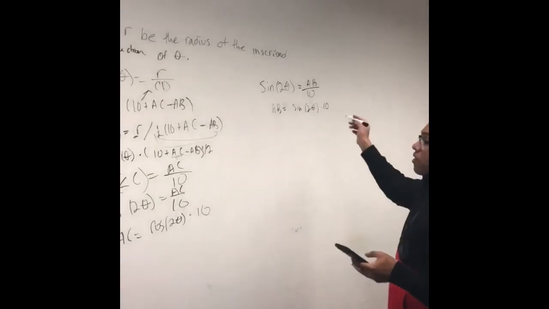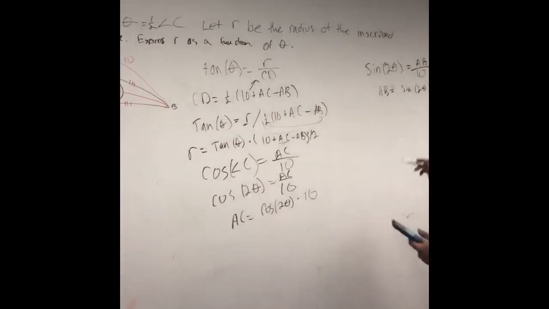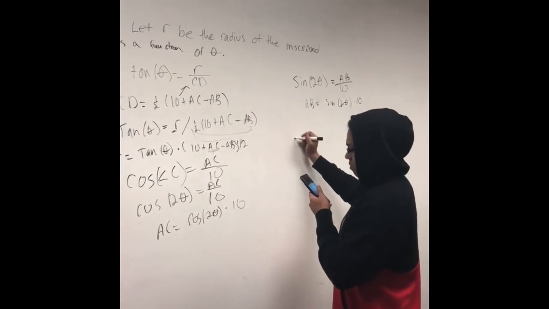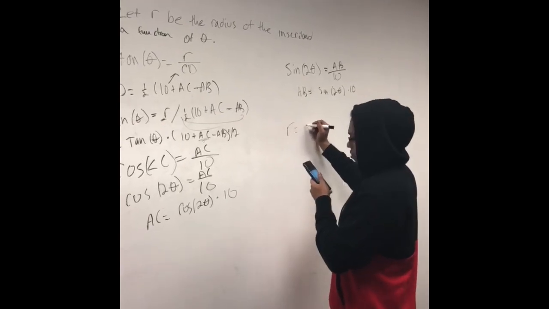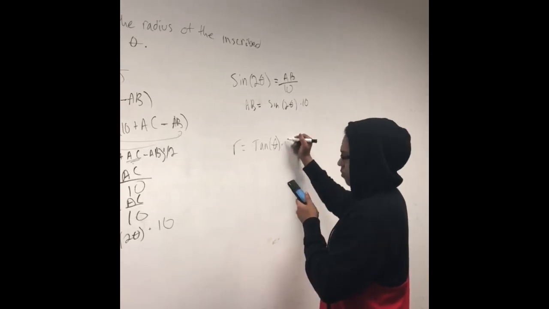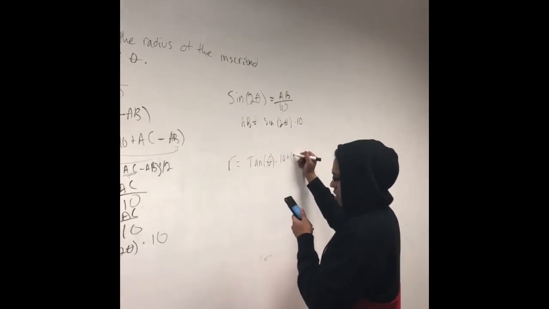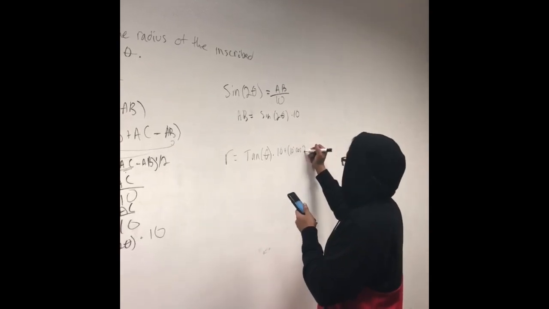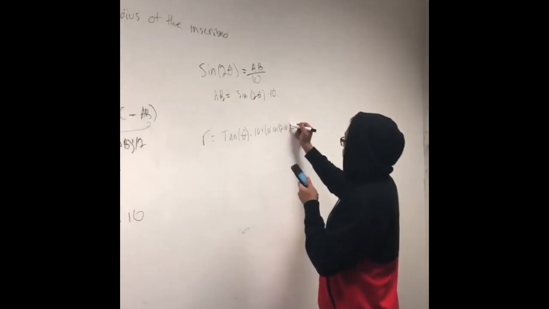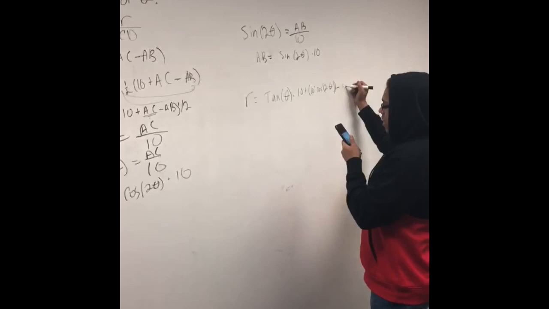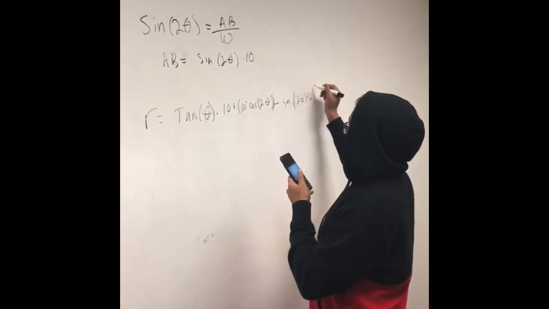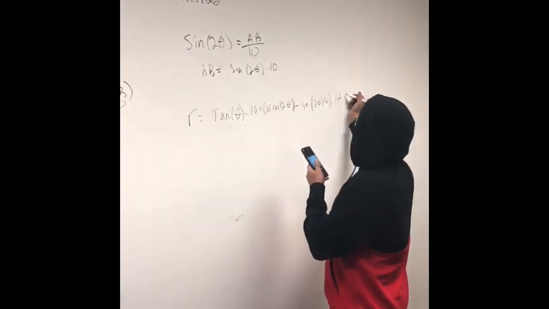Now we can plug both of these values into our equation right here, which is going to give us R is equal to tangent of theta times 10 plus 10 times cosine of 2 theta, minus sine of 2 theta times 10, divided by 2.